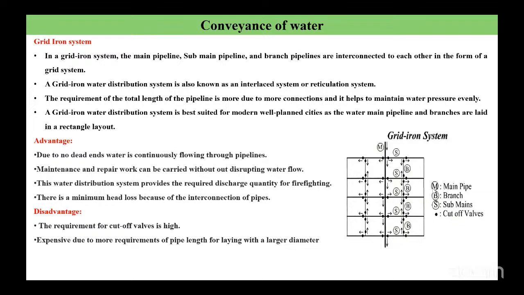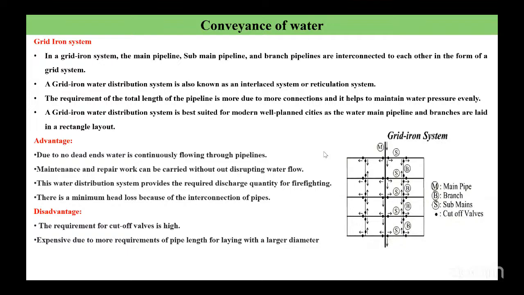And the maintenance and repair work can be carried out without disrupting water flow. So if there is any problem at this side, it can be easily maintained without any disruption of water flow. This water distribution system provides the required discharge quantity for firefighting.